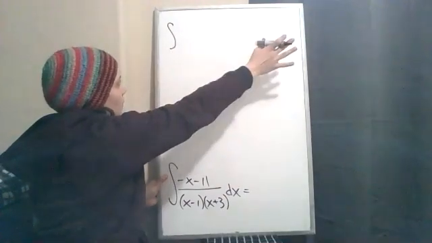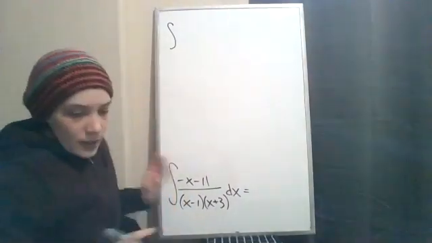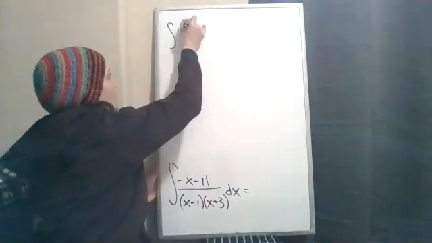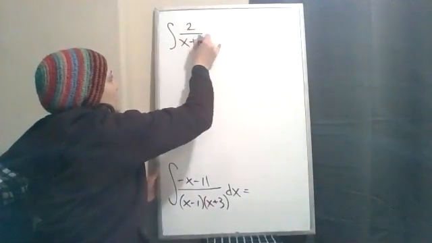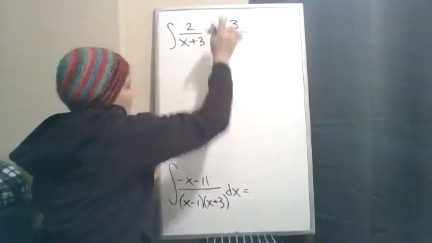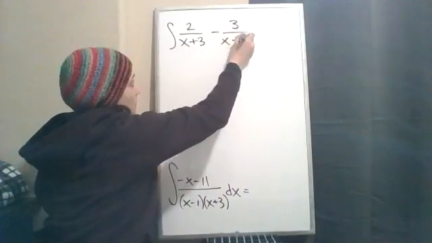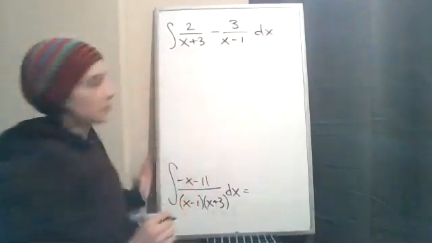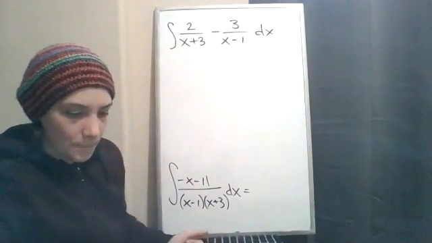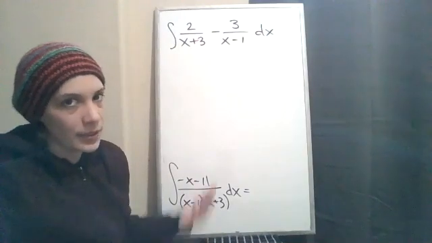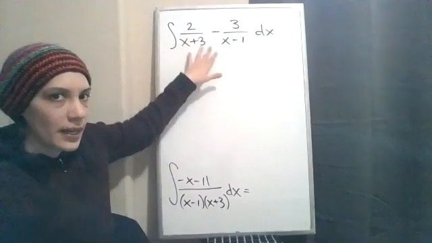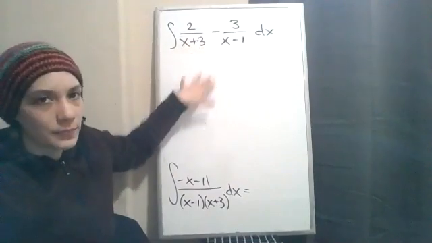So a was equal to 2 over x plus 3, and we have b equal to negative 3. Awesome, and we already know what the answer is. The point was to show you how to get to a problem that's easy to integrate, but still the same problem.